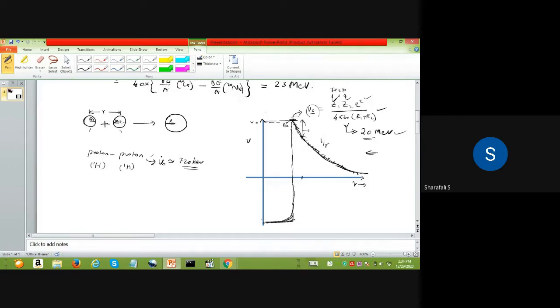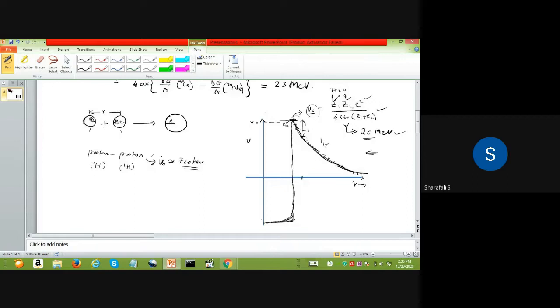So these lighter nuclei will have a very low potential barrier to cross, because they have a smaller proton number. So the proton repulsion will be smaller. So the Coulombic repulsive potential barrier will be smaller for lighter nuclei.